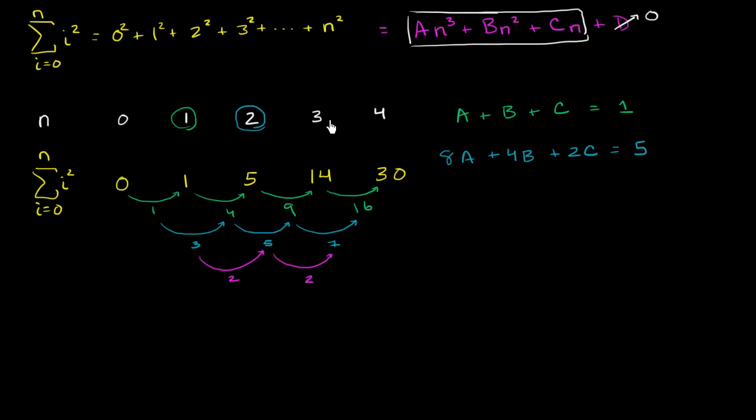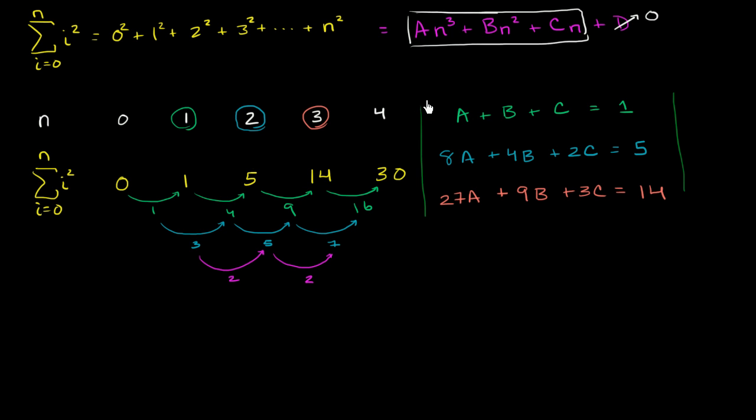And so let's go to 3. So a times 3 to the third power, so that's going to be 27a, plus 9b, plus 3c is going to be equal to 14. So I've set up 3 equations and 3 unknowns.